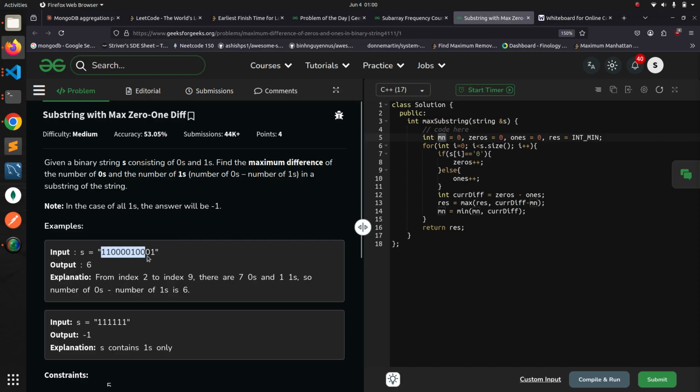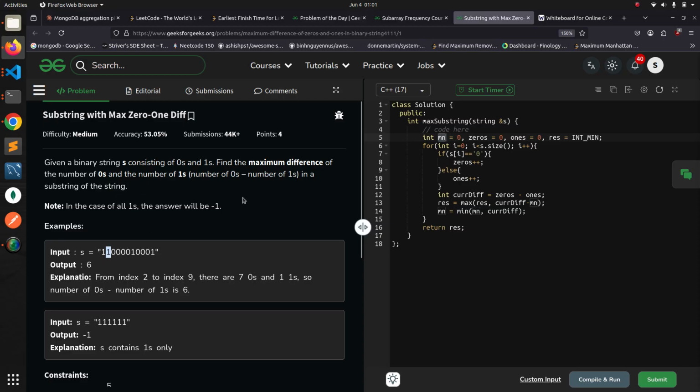Let's look at the case here. In this example, when I am standing here, the current difference will be these 7 zeros minus 3 ones, which is 7 minus 3 equals 4. So the current difference would be 4, and the minimum difference that I have seen so far between zeros and ones will be minus 2, because when I was standing at the second index, I had seen 2 ones and 0 zeros.